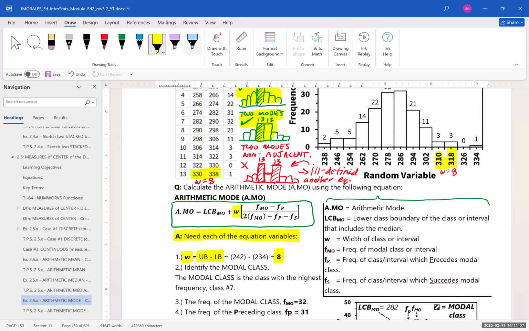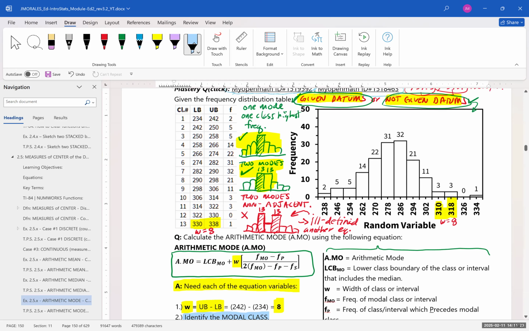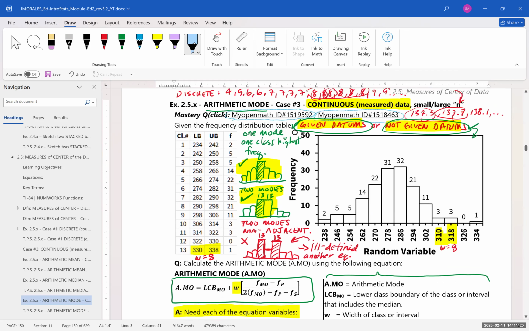Now the next step is to identify the modal class. The modal class is the class with the highest frequency. In our case, that's going to be class 7. If we come over here, it's probably easier to see with the histogram on the right, that the modal class is the class with the highest frequency.